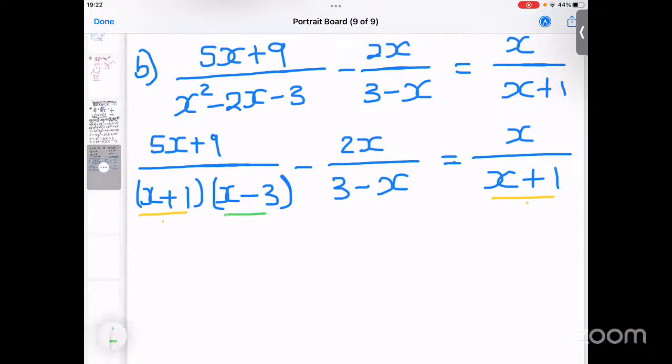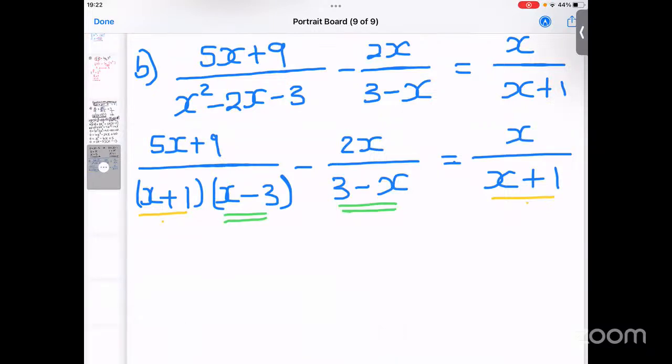You see, this one is not the same as that one. It is not, because there we are having x, which is positive, minus 3. Here we are having positive 3 minus x. So we need to try and make them the same. How can we do that?